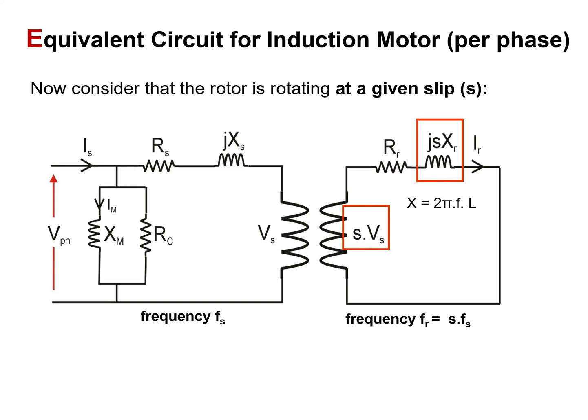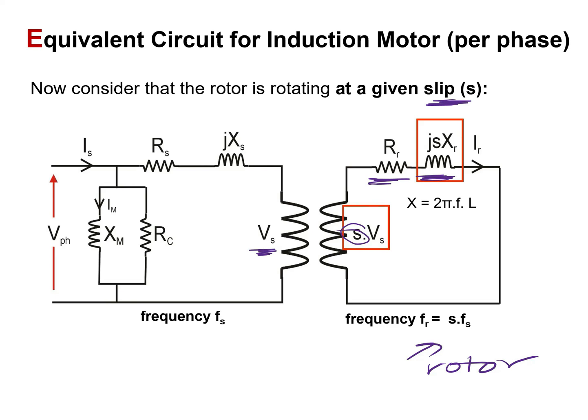So let's consider that the rotor is rotating at a given slip. Remember that there is a relationship between the voltage induced in the rotor and the voltage of the source, and that relationship is given by multiplying the source voltage with the slip s. Now, the circuit of the rotor contains the rotor winding resistance as well as the inductive reactance.